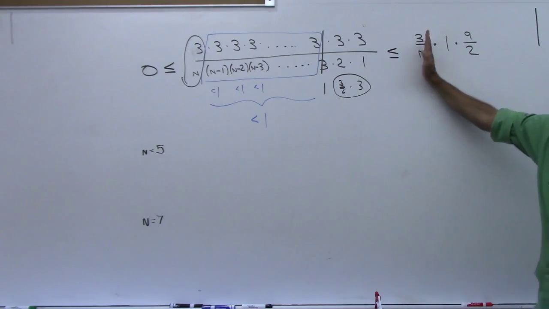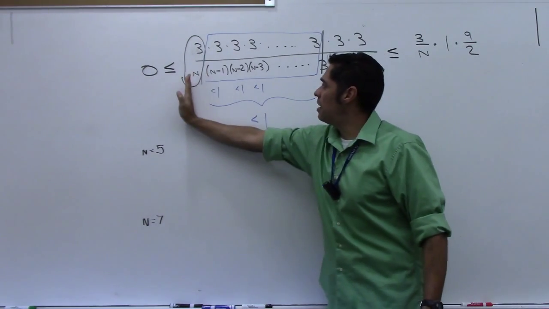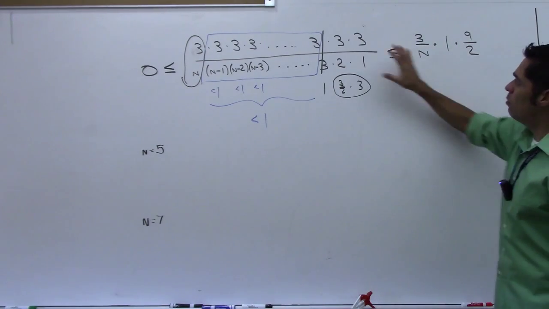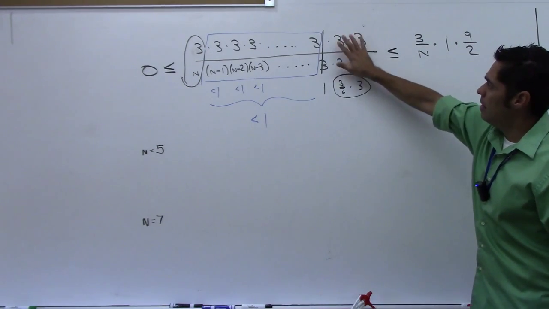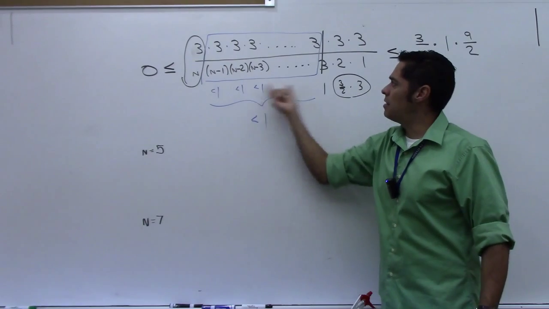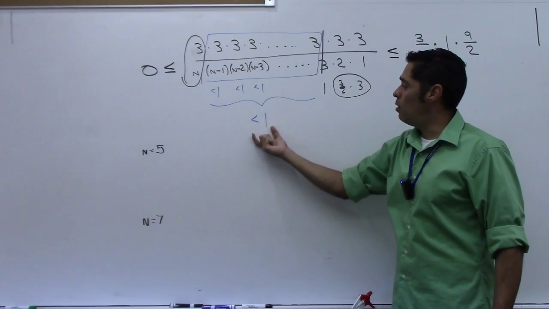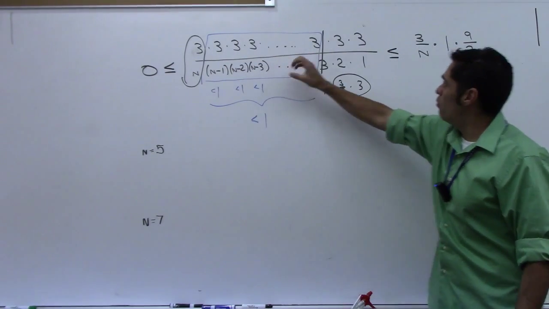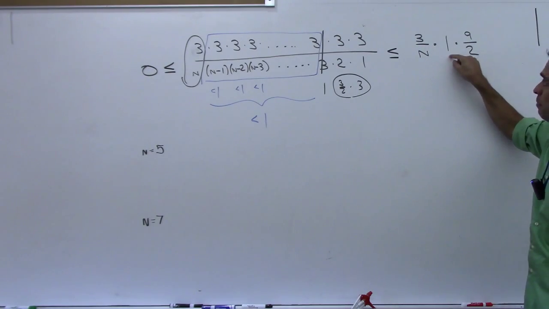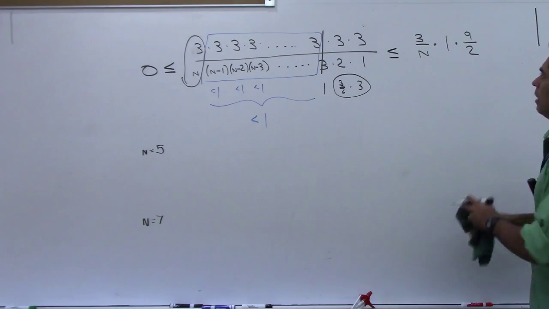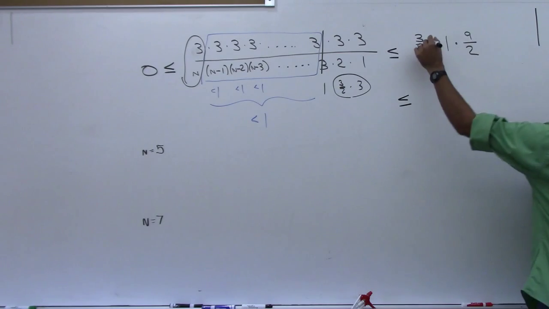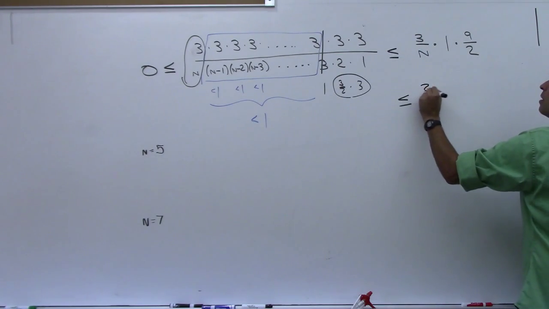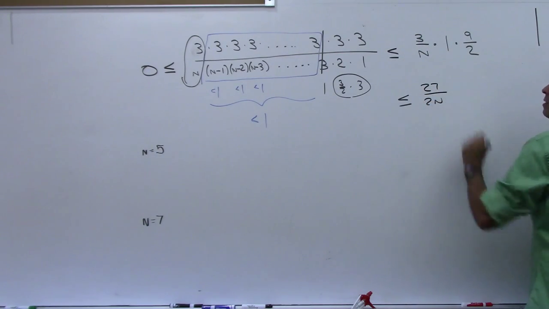Well, 3 over 9 is this, 3 over n is the same thing as this. 9 over 2 will always be these first ones. And then all of these we said were less than 1, so if you multiply them together, they're less than 1. So if all of that is smaller than 1, then if I put a 1 here, that's bigger than all that. And this is real nice because we can just multiply across. We get 27 over 2n.